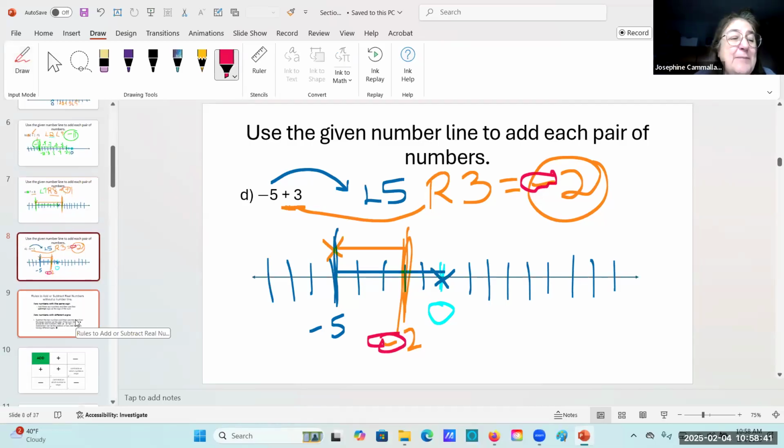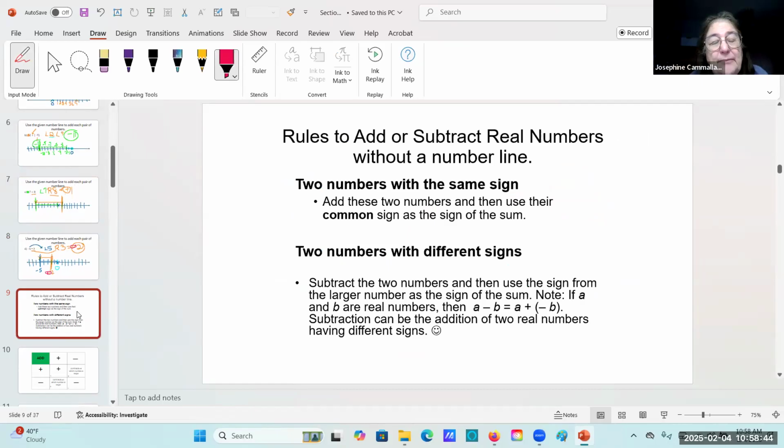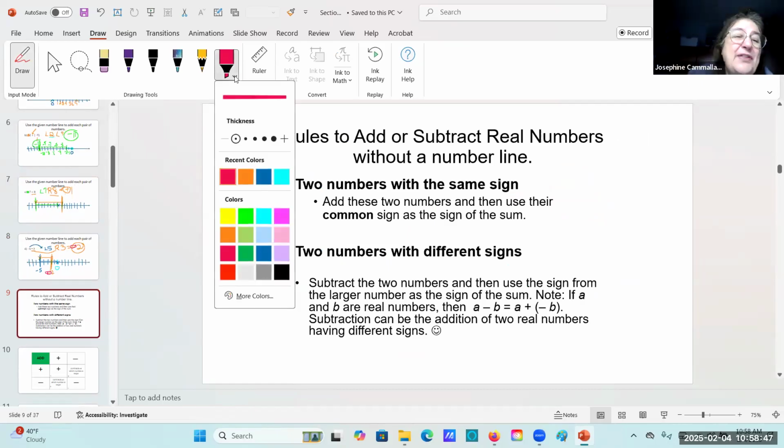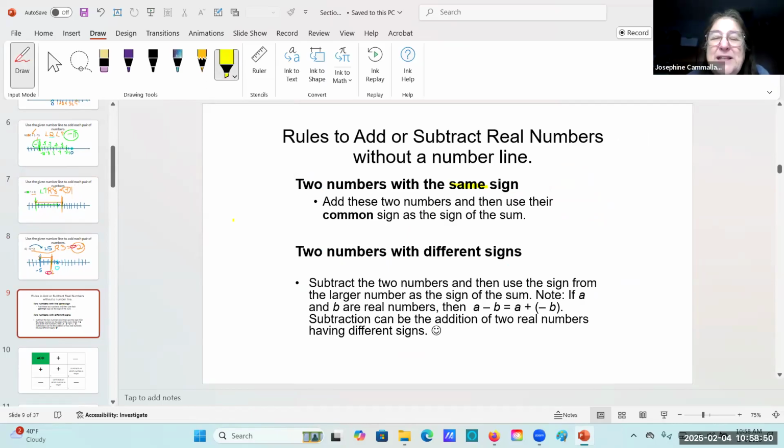Now, this may not make sense, but it should. Two numbers with the same sign, that means they're both negative or they're both positive, will have an answer of the common sign, and you are adding them. Now, subtract is kind of got a little glitch because you need to know that this is what algebra subtraction looks like.